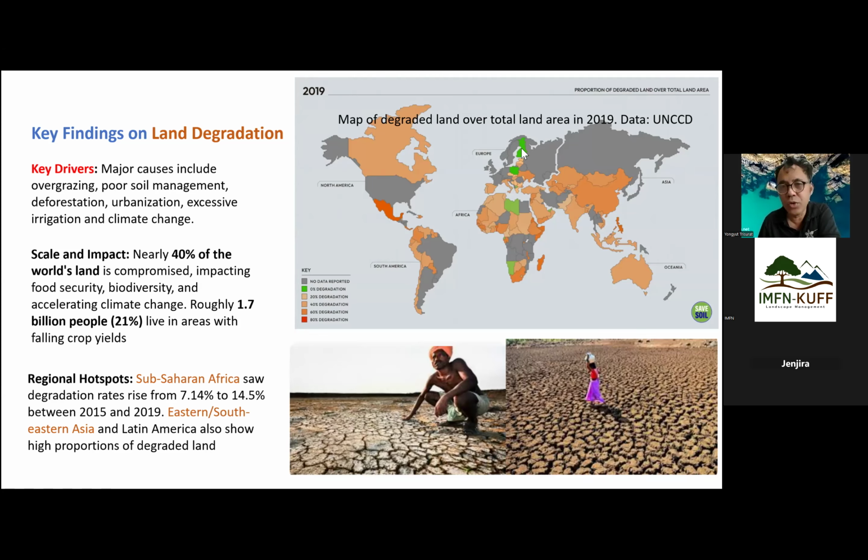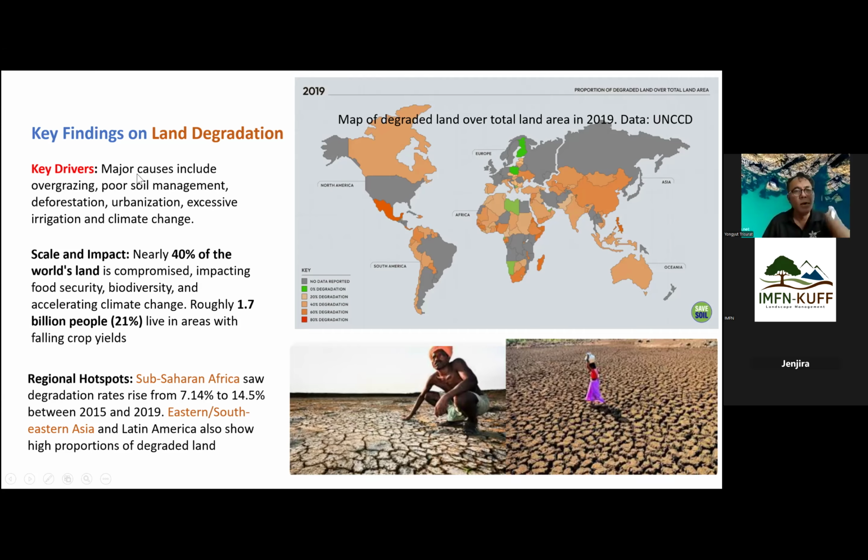So the green one shows less degradation or a low percentage. So this one, if you see the map, is Finland. So Finland is quite a rich country. So they have a lot of forest plantation, forest cover, I think more than 90%, and very limited agriculture use, same as, I think this one might be in Eastern Europe.